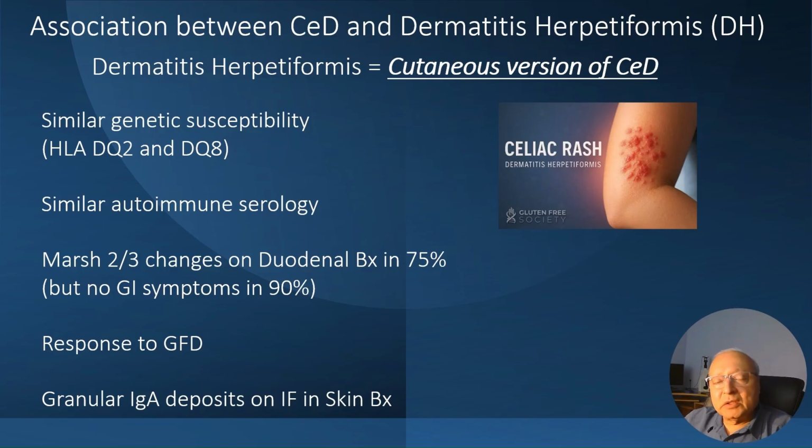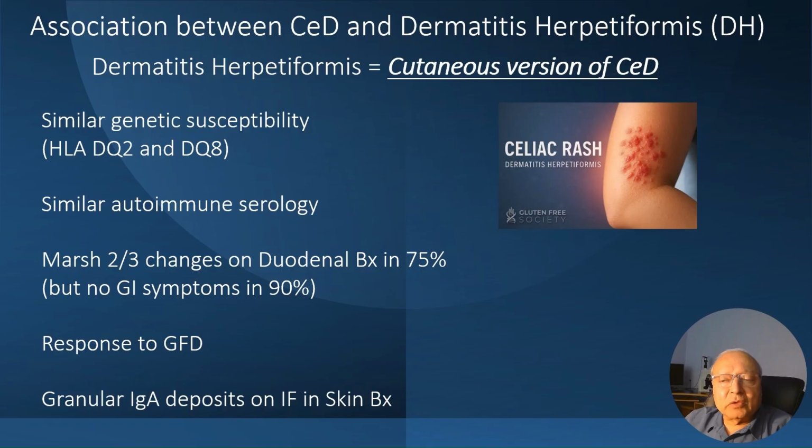What that means is the lymphocytic duodenitis is just a reflection of interaction of gluten in a susceptible individual, and it's not necessarily indicative of how severe the symptoms for gastrointestinal diseases are. And it also responds to gluten-free diet, just like celiac disease.